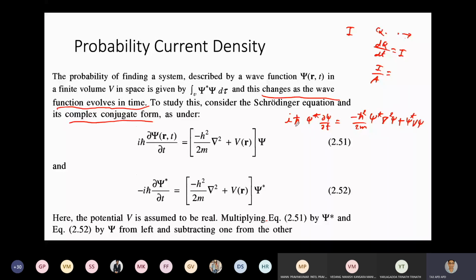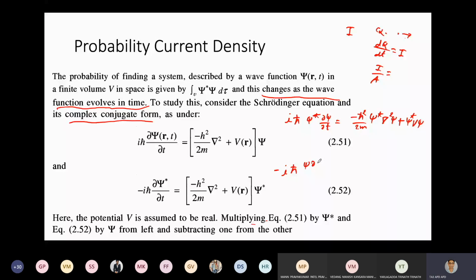Now the second equation, it says multiply by psi from the left and subtract from the previous one. So let us first write this down and multiply by psi. So you will have minus iℏ psi into ∂ψ*/∂t.